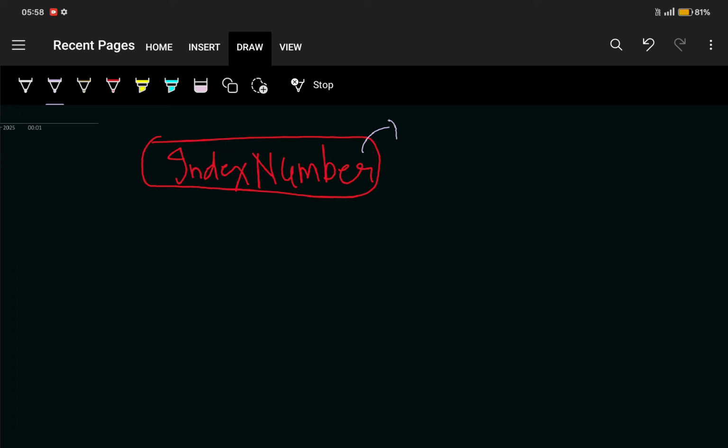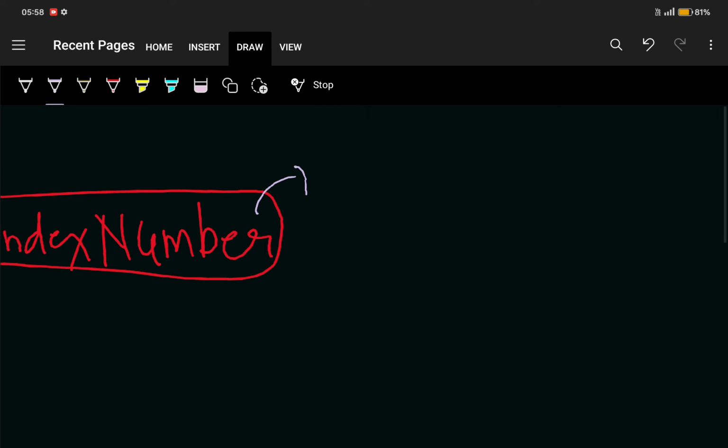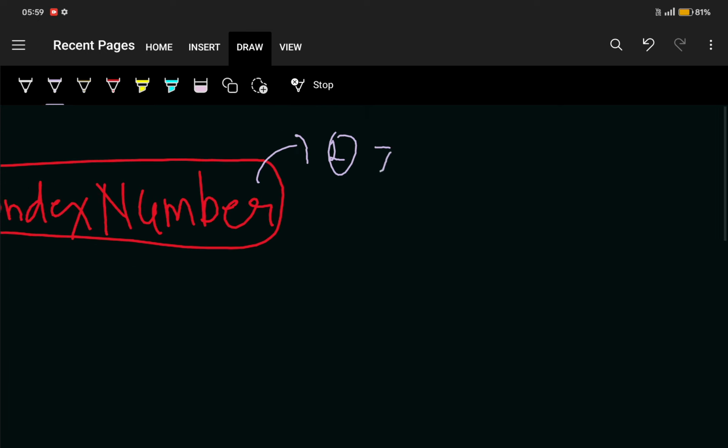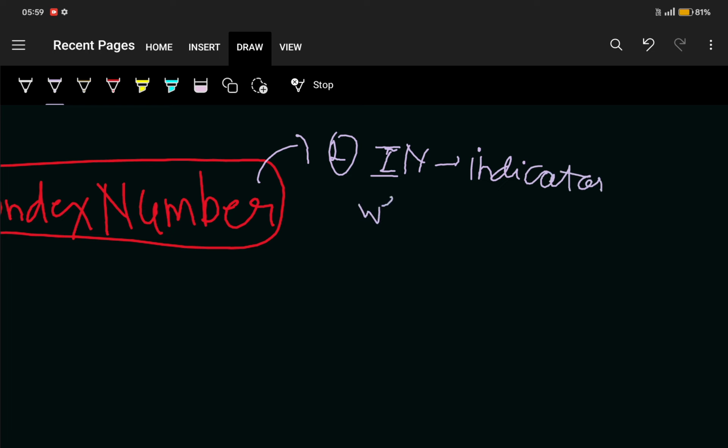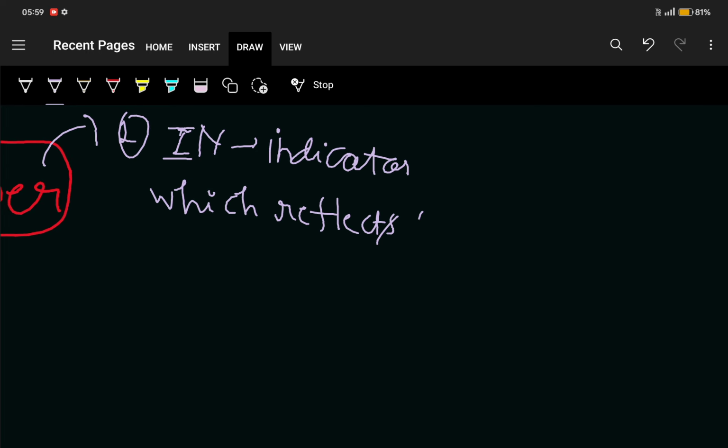So the first point: index number is an indicator which reflects changes over a specified period of time.